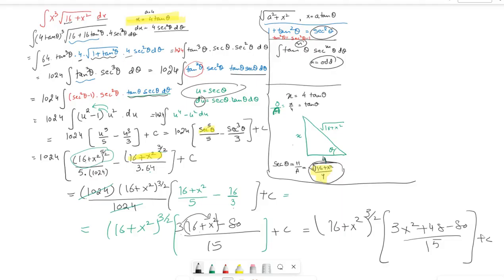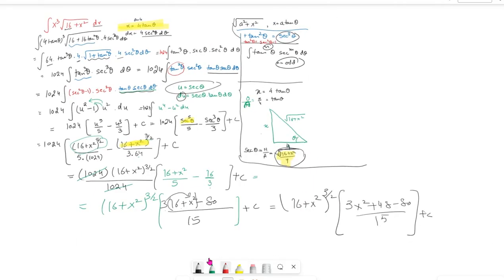So basically my answer is 16 plus x square power 3 by 2, 3x square plus, actually minus 80 plus 48, minus 32, over 15, plus c.